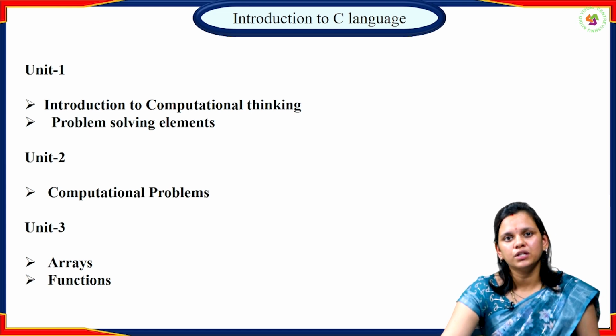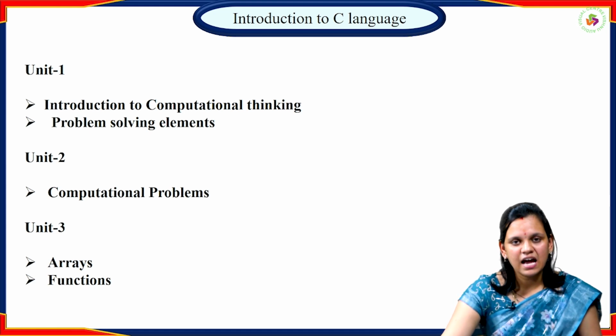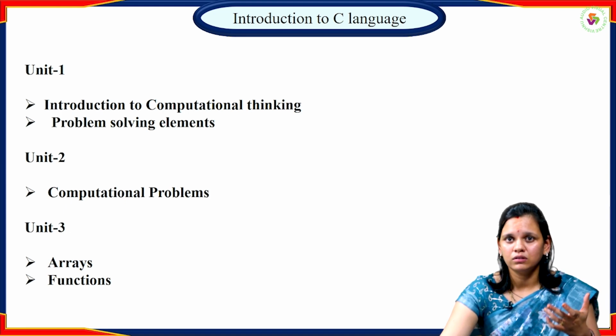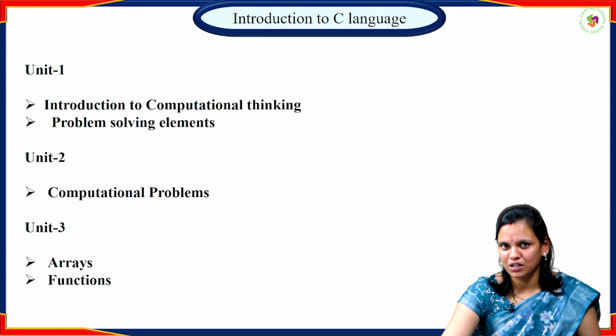Coming to unit 3, we have the concepts of arrays as well as functions. An array is a collection of similar data types, and here we see how to create an array, how to initialize an array, and how the array is stored, like the indexing part of arrays. We'll have 1D, 2D, and multidimensional arrays.